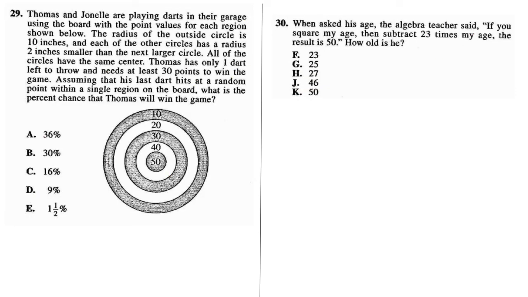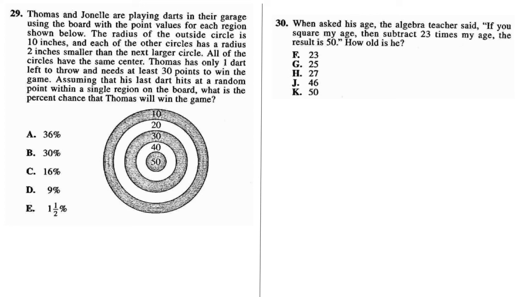Okay, number 29. We have two people playing darts. The radius of the outside circle is 10. Each of the other circles has a radius that is 2 inches smaller than the larger circle. All the circles have the same center.